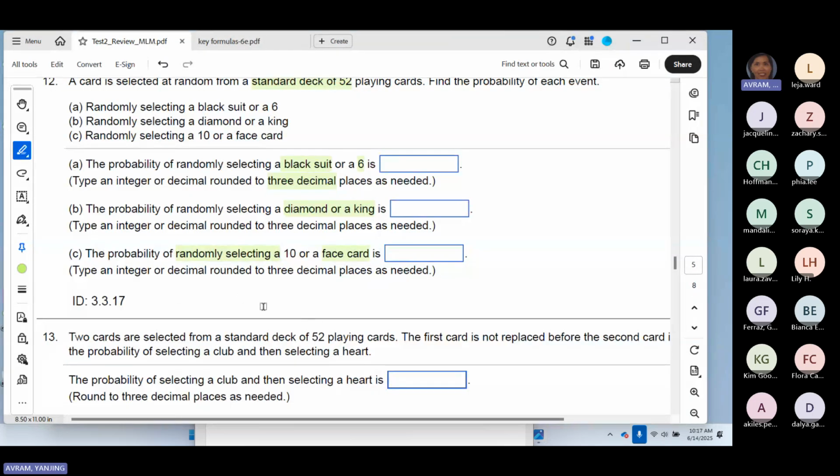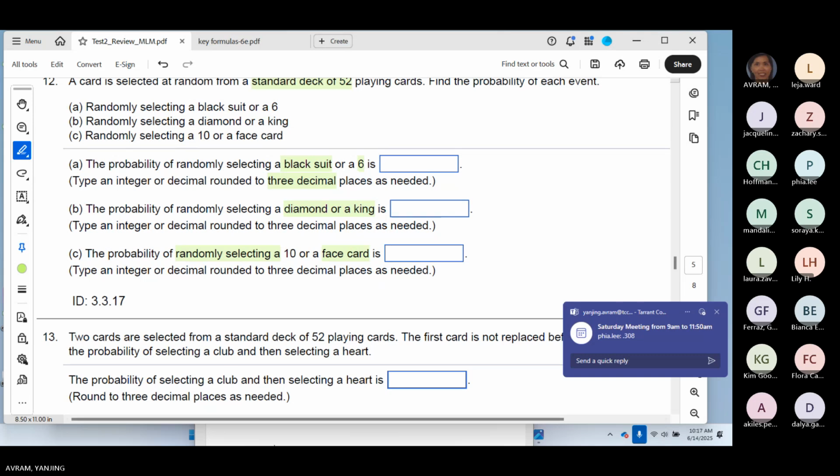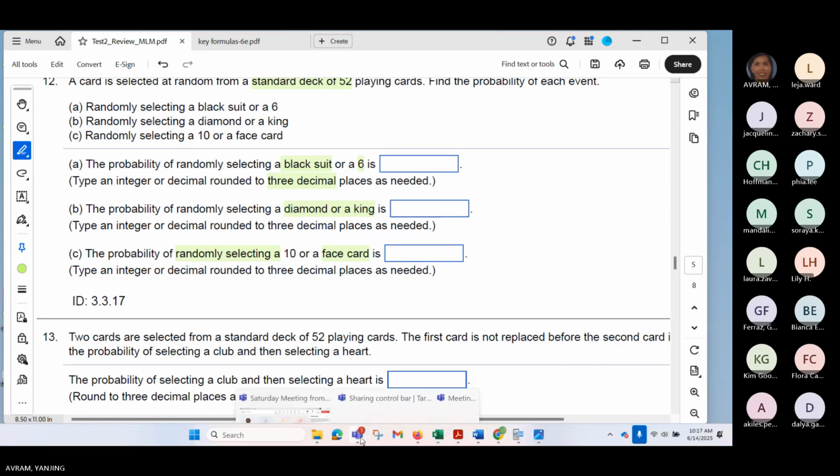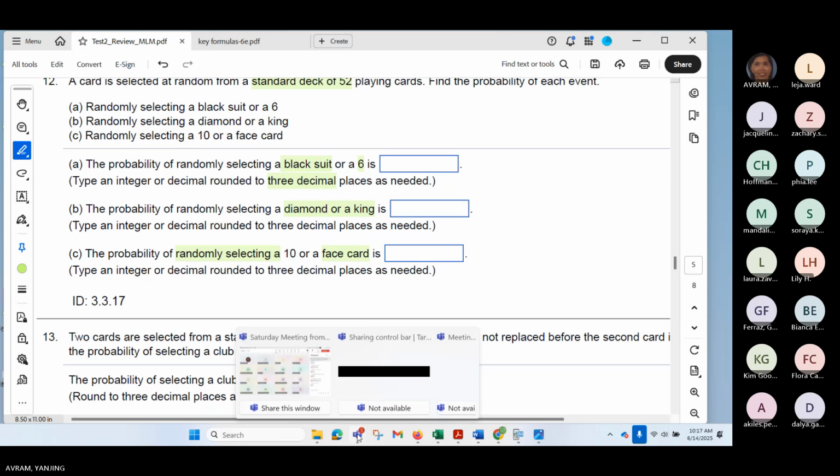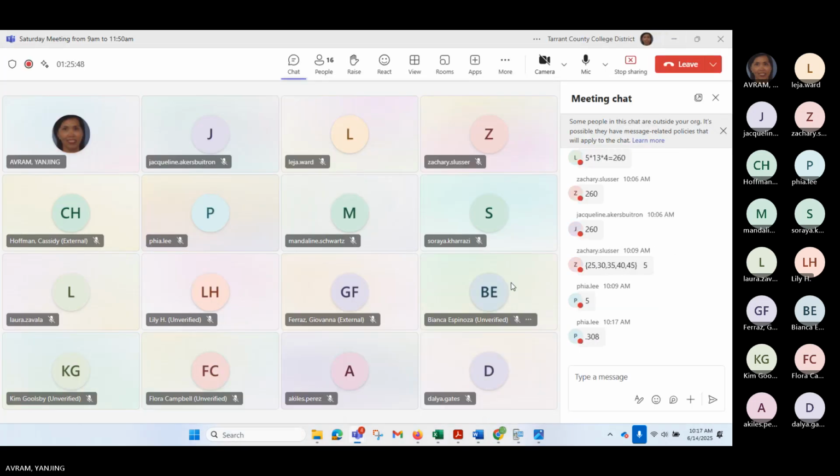Okay. Can anyone give you a quick calculation? Let's see how much that is. Okay, 0.308, that is correct. Okay.